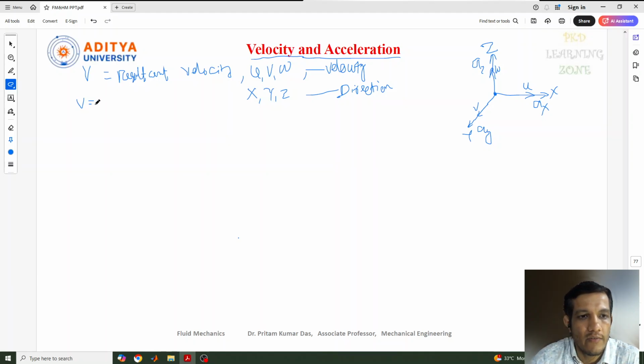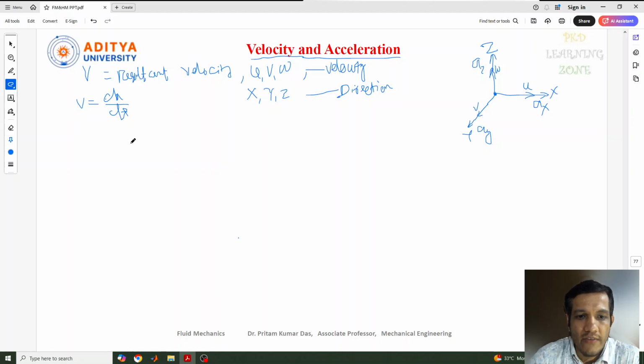If you want to write velocity, we can say it is dx with respect to dt, that means distance with respect to some time. We can write it in this way, dx by dt or dy by dt. So velocity is a function of space coordinates and time.